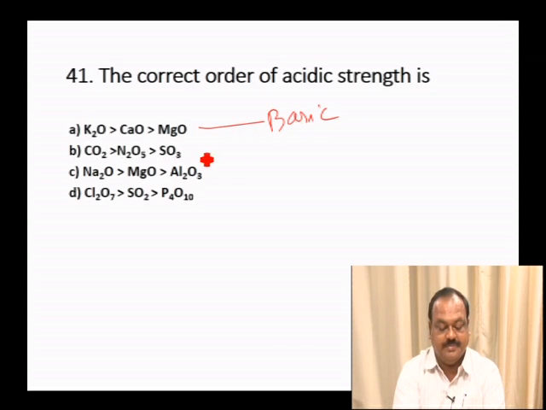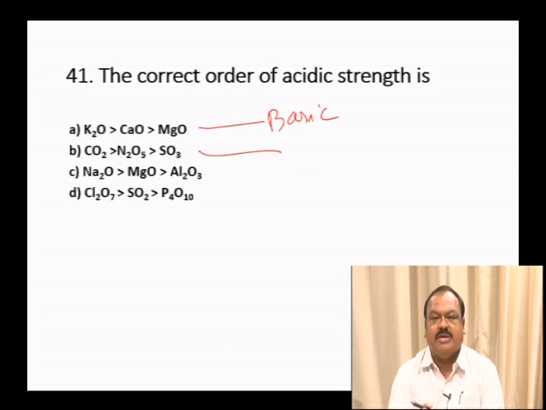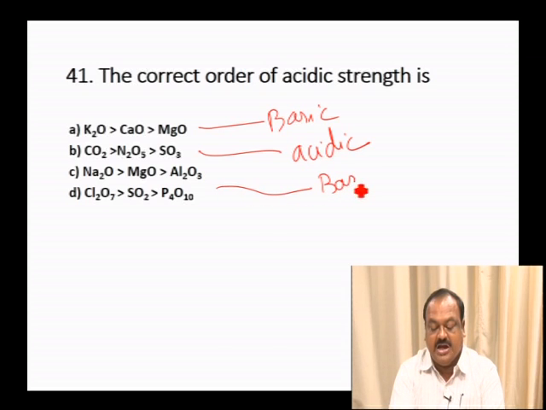Next, carbon dioxide, nitric oxide, sulphurous acid are acidic in nature. Sodium oxide, magnesium oxide, aluminium oxide: these three are basic in nature. Sodium belongs to alkali metals, magnesium belongs to alkaline earth metals, and aluminium also belongs to the metals, so these are all basic in nature.